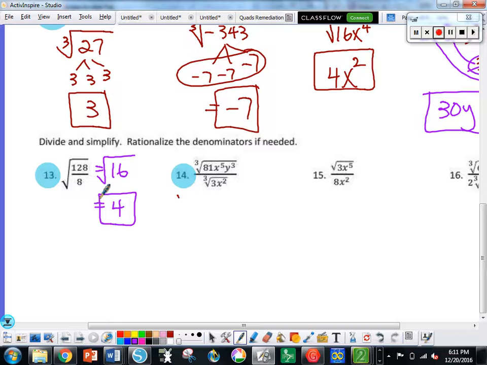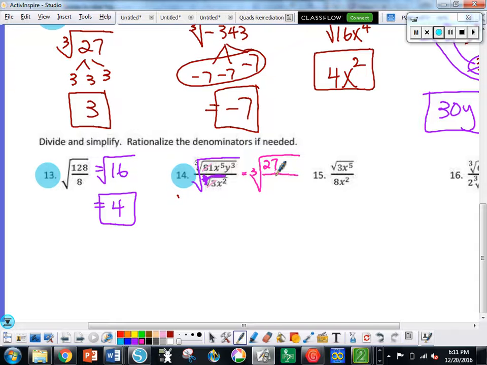Number 14, since they both have the same index, we can put them underneath the same radical. Ignore this. And now let's start simplifying. So there's a couple ways to do this. 3 and 81, that will cancel. And we'll just write the first step out. 81 divided by 3 is 27.